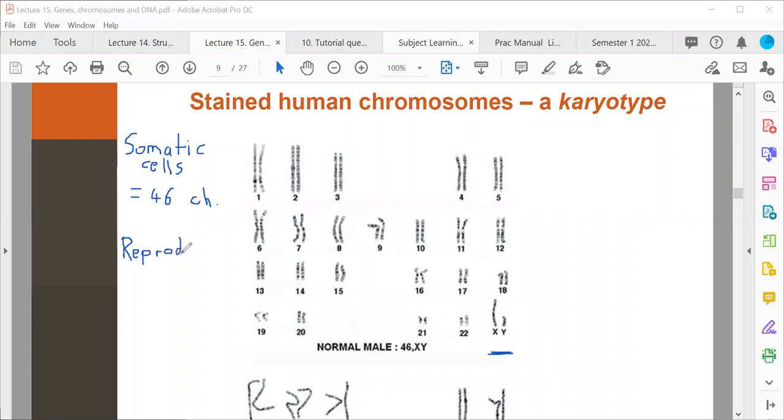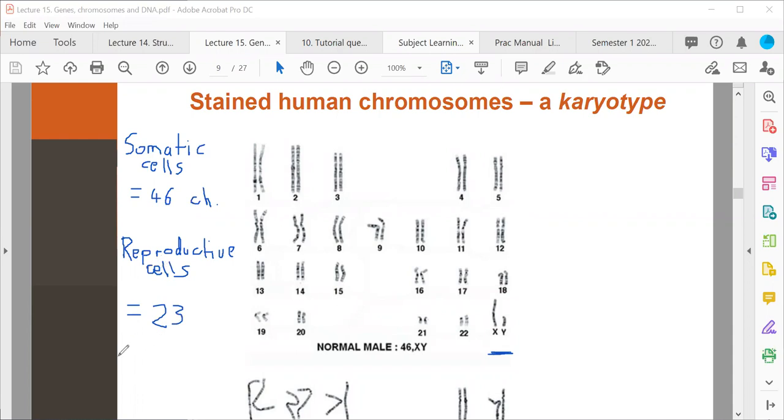These are the reproductive cells. Reproductive cells contain only half the number of chromosomes, in other words, 23. And what are the reproductive cells?